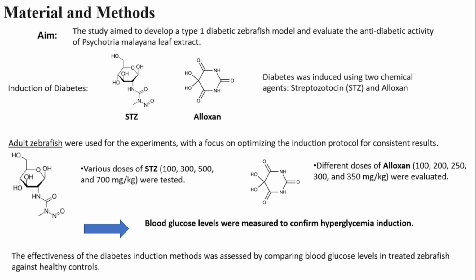Like I mentioned before, there's no standard protocol for inducing type 1 diabetes in zebrafish. For STZ, they're using various doses: 100, 300, 500, and 700 milligrams per kilogram. For alloxan, the doses are 100, 200, 250, 300, and 350 milligrams per kilogram.